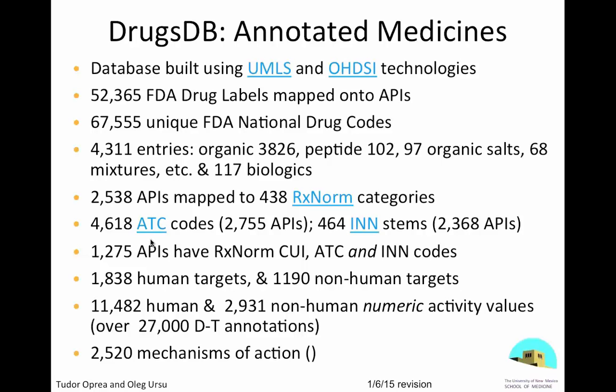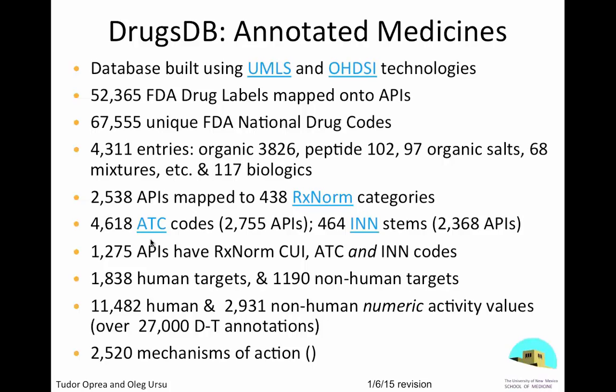One of the tools that we've used to work in this area is a database that we call DrugsDB. We used DrugBank and other resources just like everyone else until we realized that we always came to the problem of mapping drug labels to what we call APIs, which is active pharmaceutical ingredients.